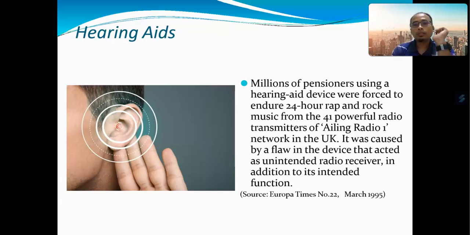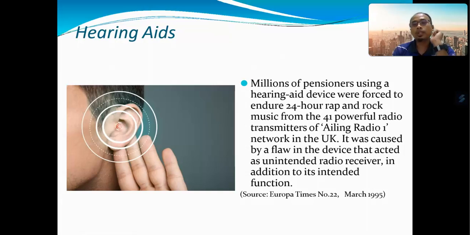In addition to its intended function, which is to help the patient to hear, the device is also functioning as a radio receiver.